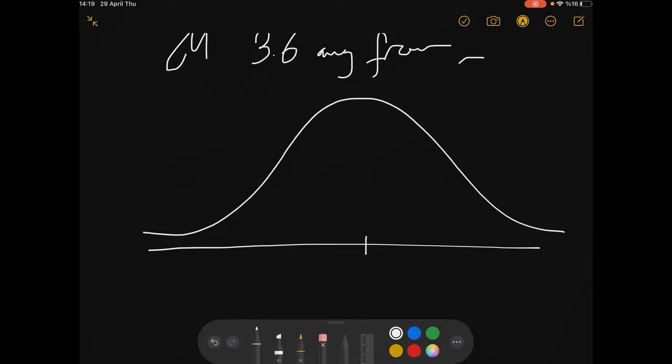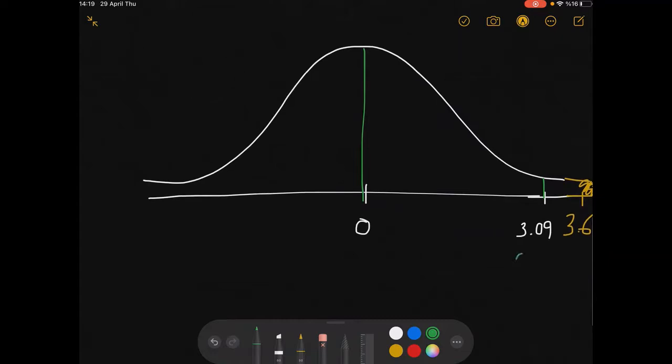If you put 0 here, you put here 3.09, and this is our value 3.6 here, and we're talking about the area under the right tail here. Up to here we know that it is 0.999.